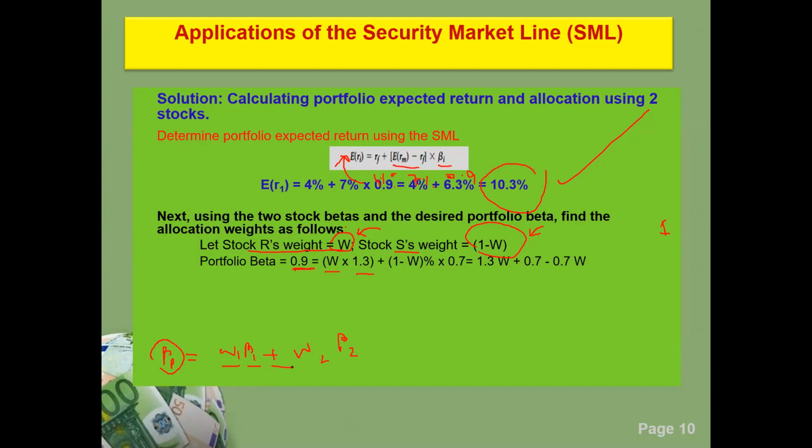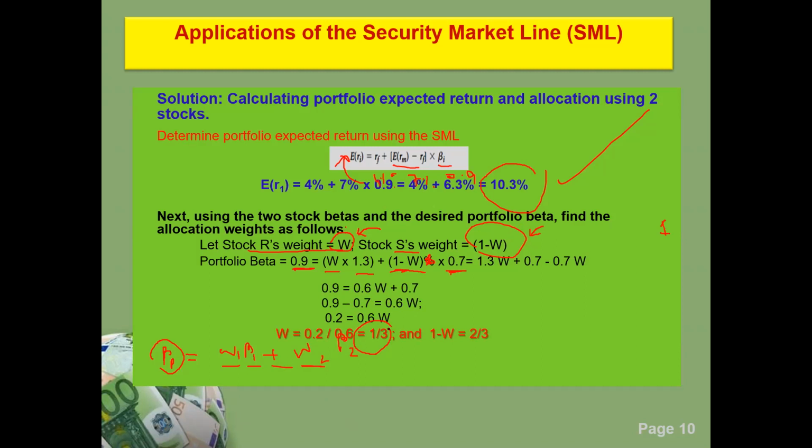Plus W2, which is 1 minus W, times beta 2, which is 0.7, as given in the question. We plug it in the formula, solve this equation for W, and we reach W equal to 1/3. This is quite easy.